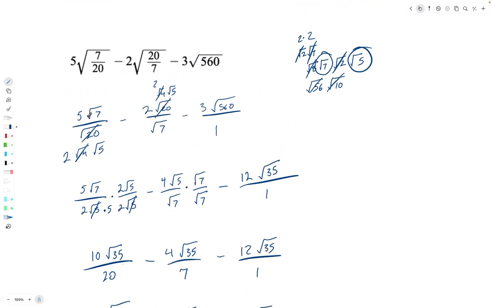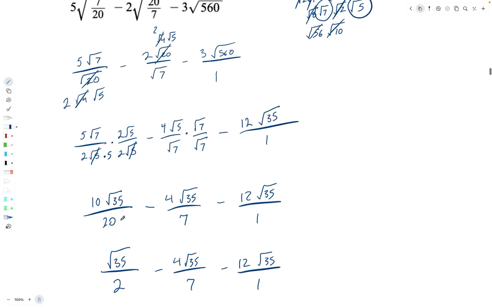Okay, so when I reduce, we get square root of 4, which is 2 times square root of 5. We reduce this, we get 2 times square root of 5 times 2, so that would be 4 times square root of 5, right? So we've got 5 times square root of 7 and 2 times square root of 5. We want to multiply times 2 times square root of 5 to get rid of this in the bottom, right?